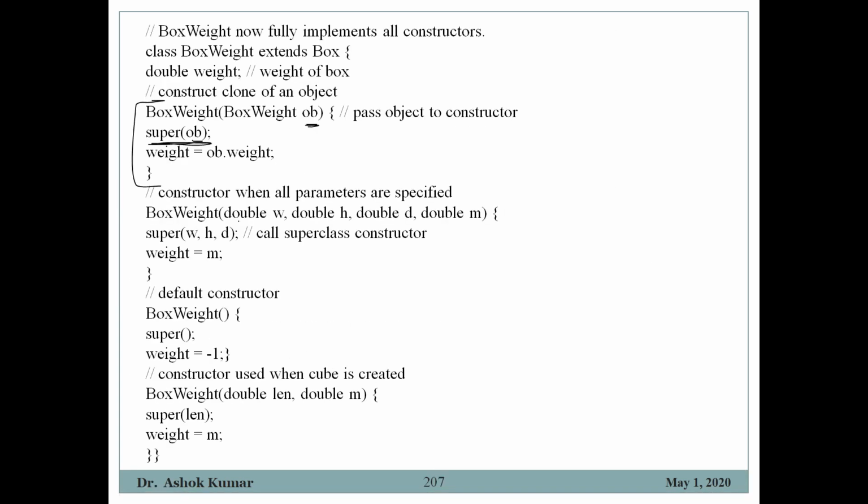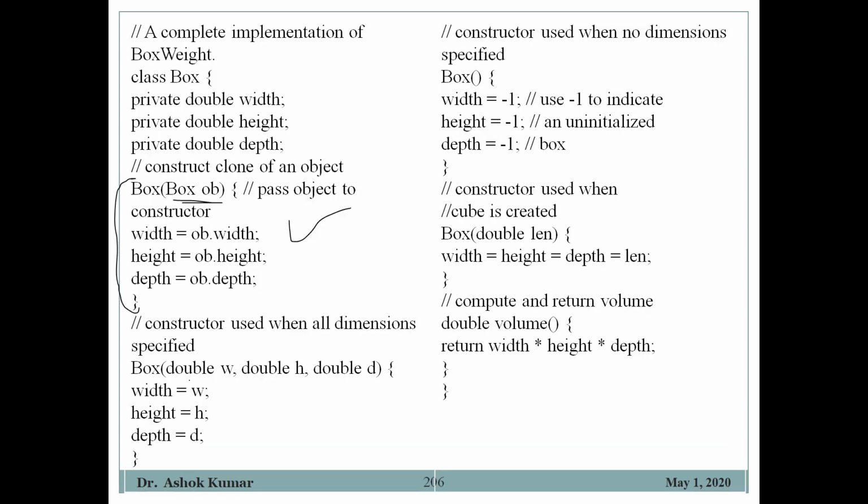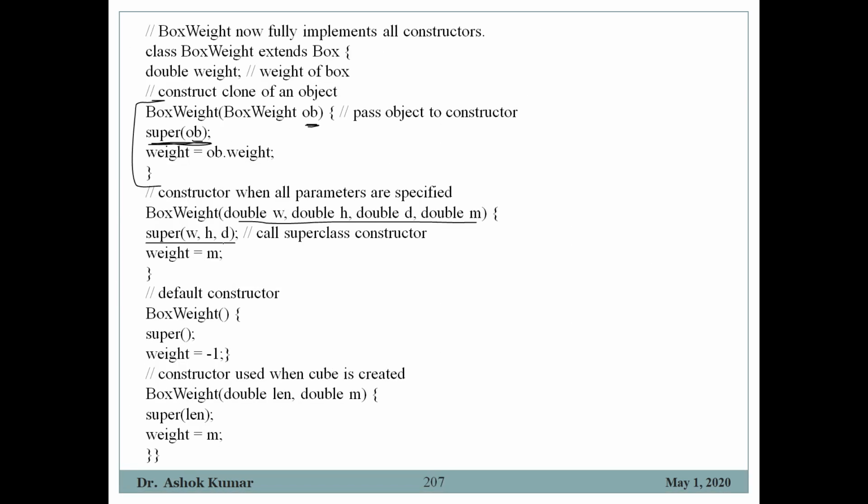Similarly, in the second constructor, which has 4 parameters, we are calling the super constructor over here. Which constructor will be called here? The one that receives 3 parameters. So this constructor will be called from the second constructor.